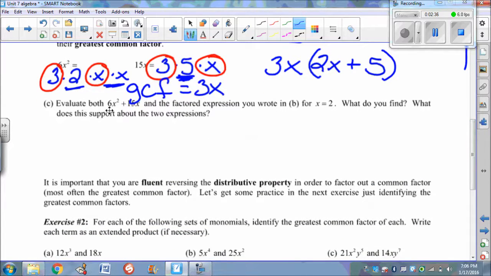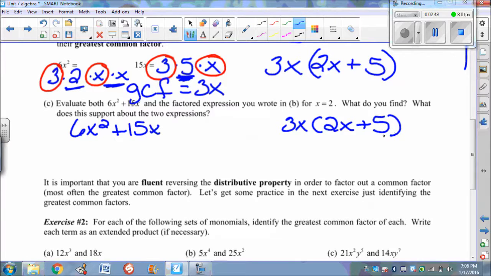Now it says evaluate both that binomial that we started with and the factored expression that we just came up with for when x is equal to 2. So what do we do with this? Take that x equals 2 and substitute it in. And we should come up with 24 plus 30, which gives us 54.